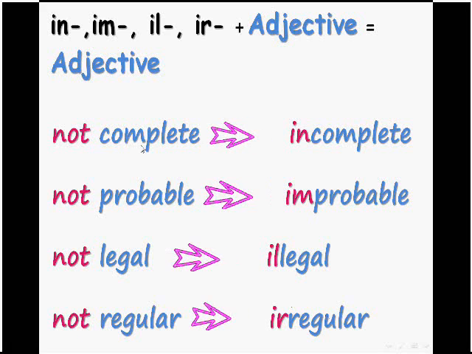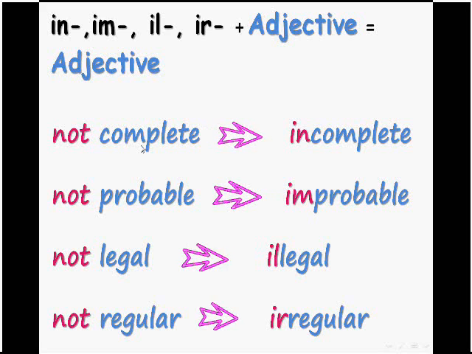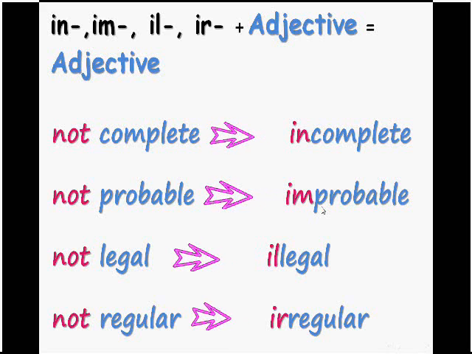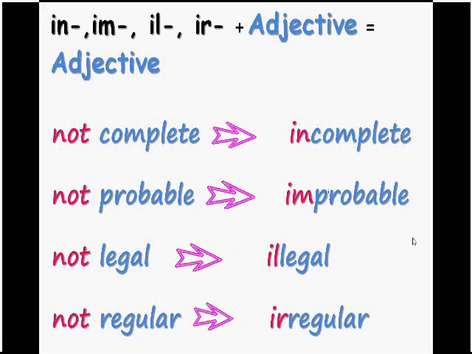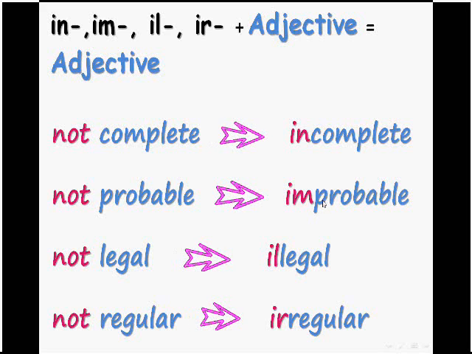Okay? And we said before, I hope that you remember, that I used im here before the letters B, M, and P, okay? So if I have a word starting with B or M or P, then I use im, to make it easier to pronounce.